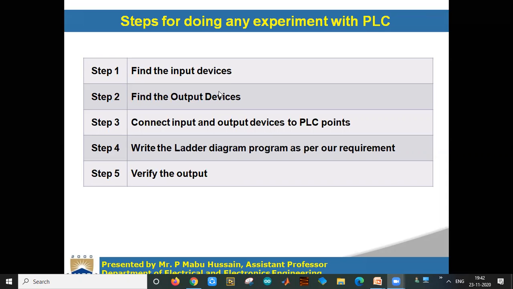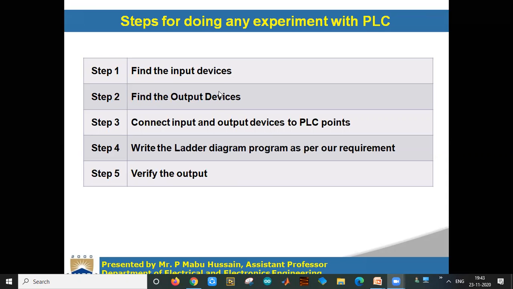Inputs will be connected to input terminals, outputs will be connected to output terminals. Then you have to write the ladder diagram program in your PC or laptop as per our requirement. Then you have to verify the output.